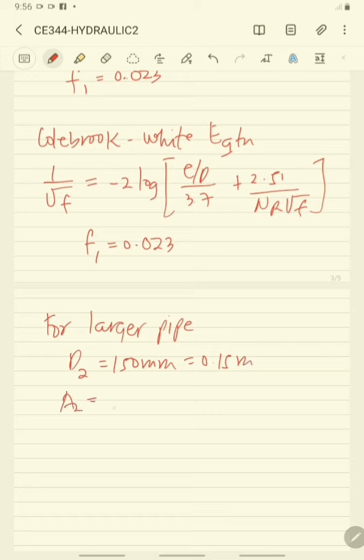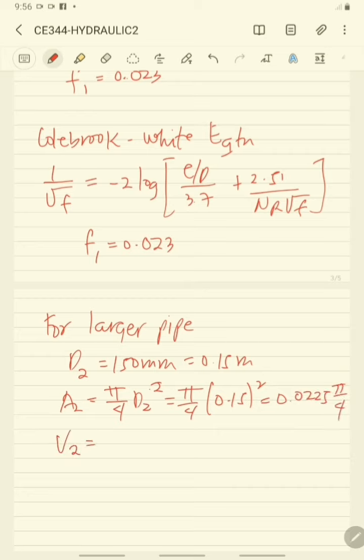A2 is pi over 4 D2 squared, which is pi over 4 times 0.15 squared, equal to 0.0225 pi over 4. Then V2 is equal to Q over A2. This is 0.01 divided by 0.0225 pi over 4, which is 0.566 meters per second.